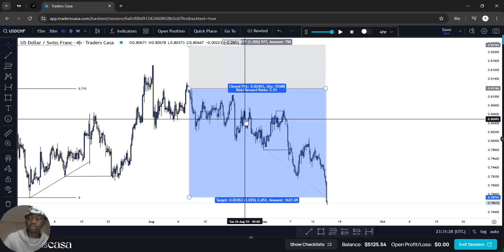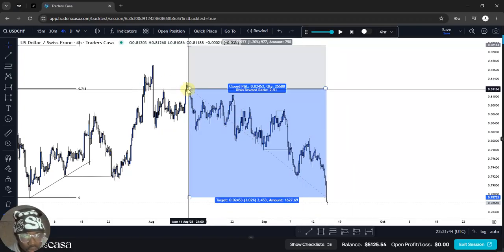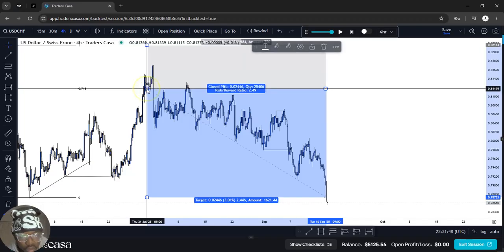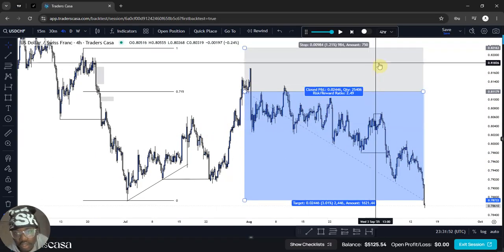Let me see real quick. We're gonna be taking another one. I need to record this trade right now. Okay, let me record this trade right now. I'm gonna be recording this trade.